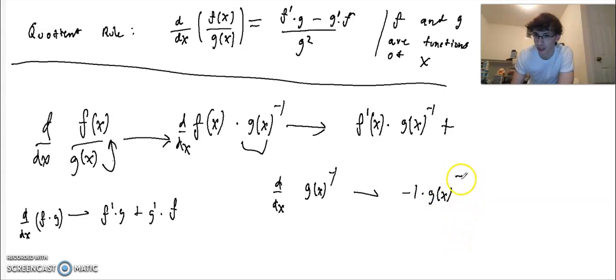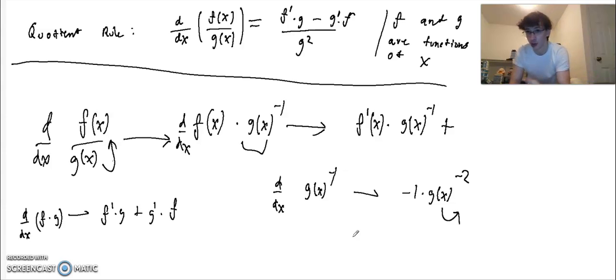But it's a little bit of a sneaky chain rule here, because g of x is a function of x, but we don't know what that function is. That function could be just regular x, and then the derivative of it is just 1, and then we don't really care about the chain rule, it doesn't change anything.